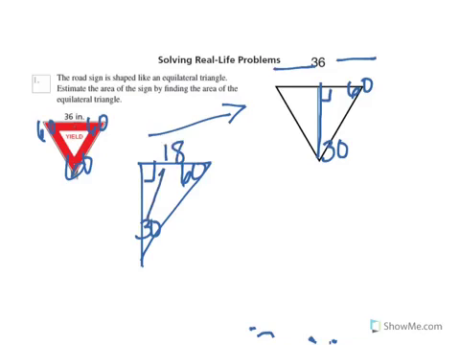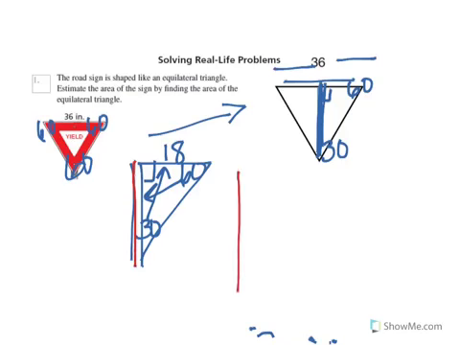So I know directly across from my 18, or directly across from my 30-degree angle is 18. And in order to find the area, we're going to need to find this side right here. We already have the base, but we need to find our 60-degree side, because that is the one, this side that we're needing over there is the one that is directly across from the 60-degree angle.